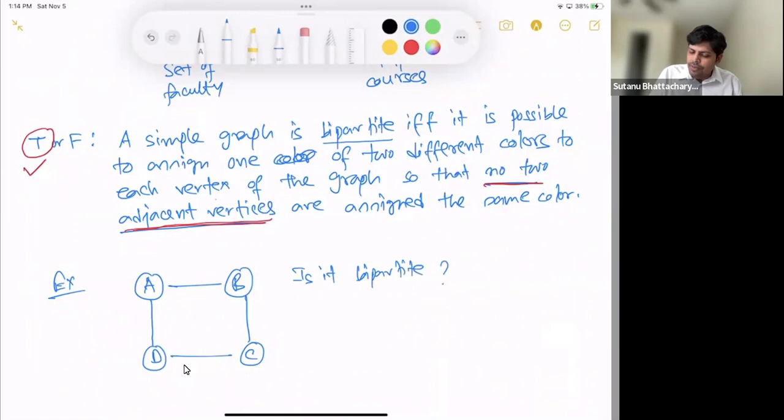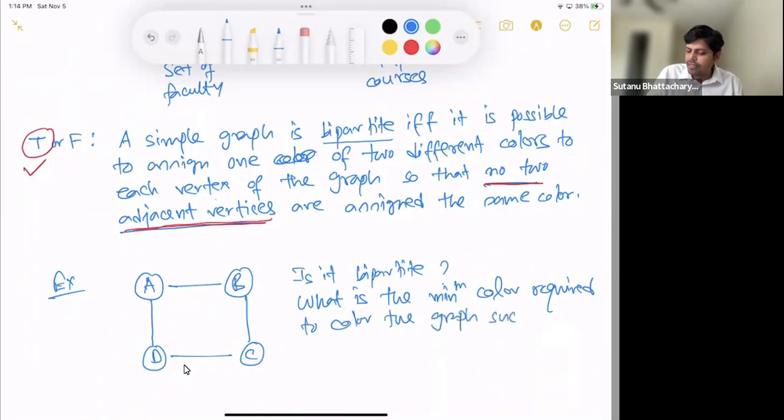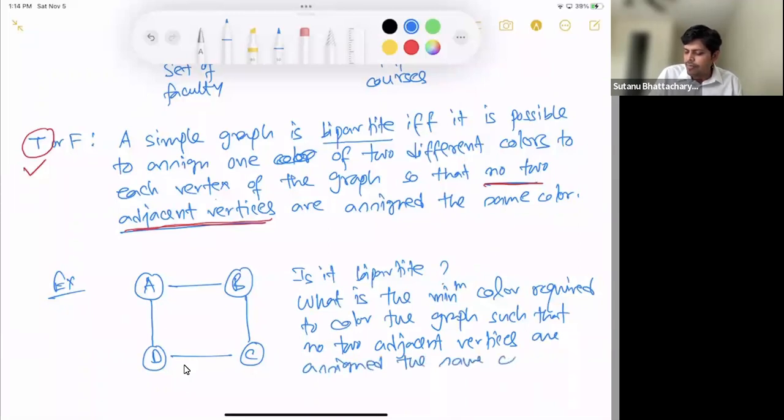And the next question would be, what is the minimum number of colors required to color the graph such that no two adjacent vertices are assigned the same color.